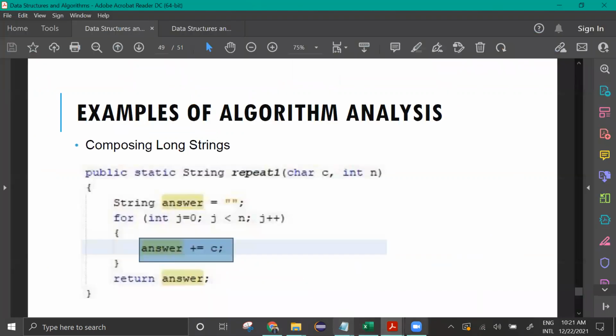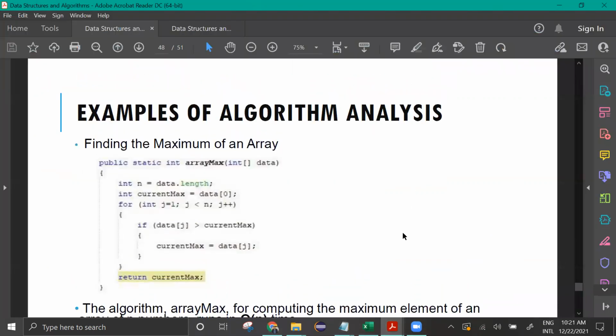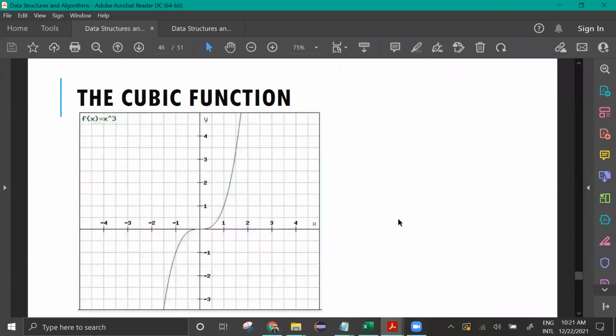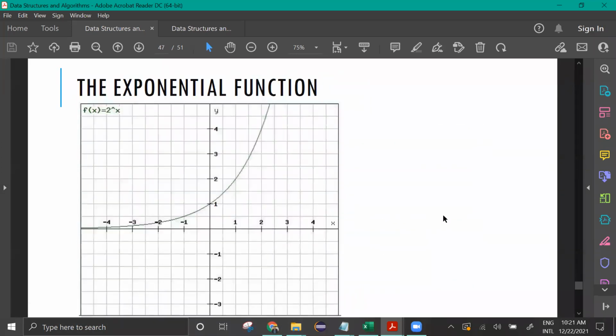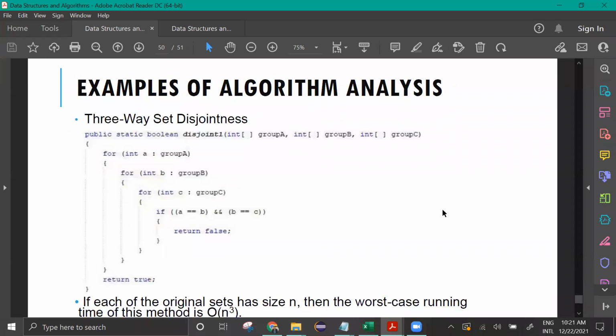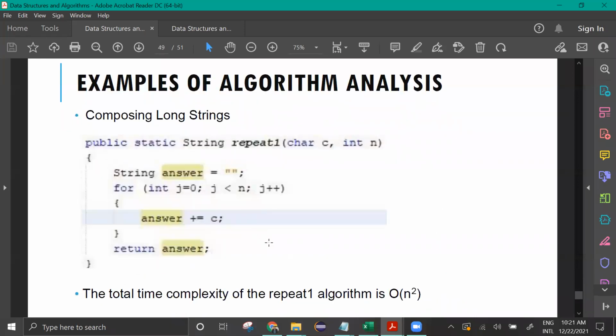The inner loop is similar to this one, something like this. So that's why it is n squared, right? N squared.